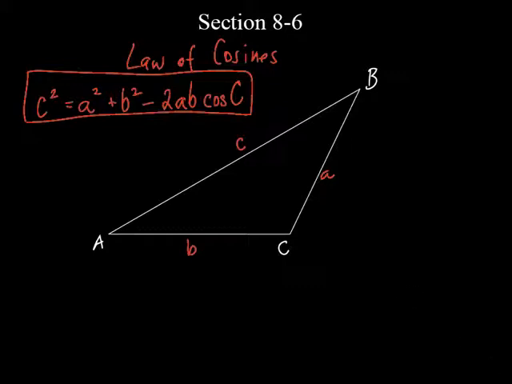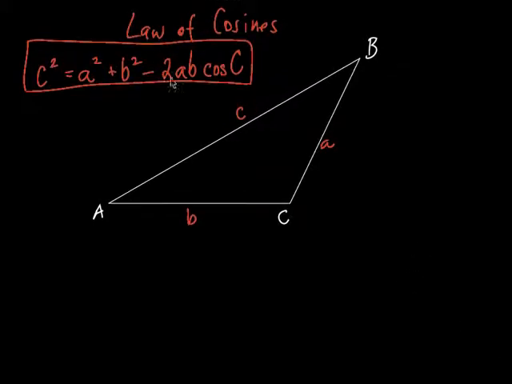So there it is right there. So how in the world do you use this stuff? Well, let's throw some numbers in for A, B, and C. Let me see what they give you here. And we'll put some angles in here as well. Let's do this one right here.